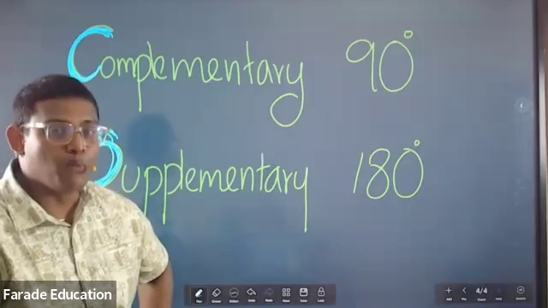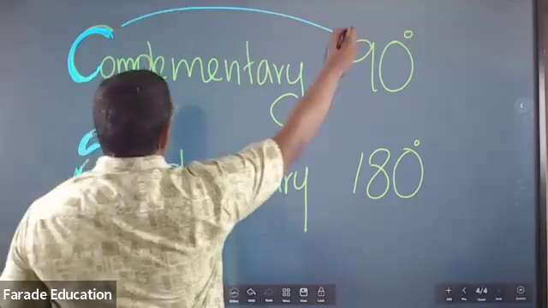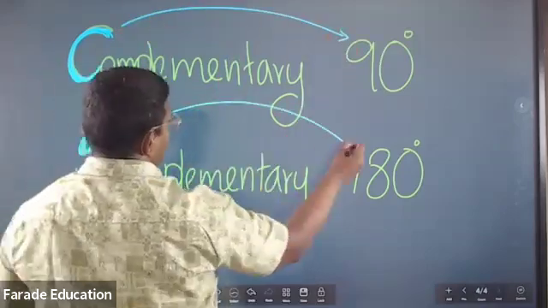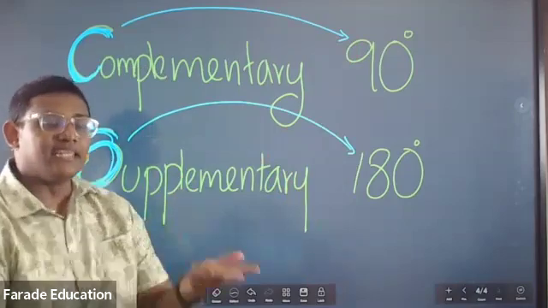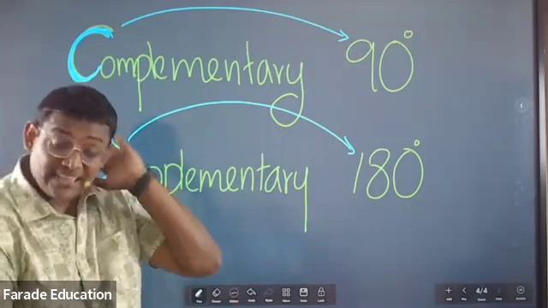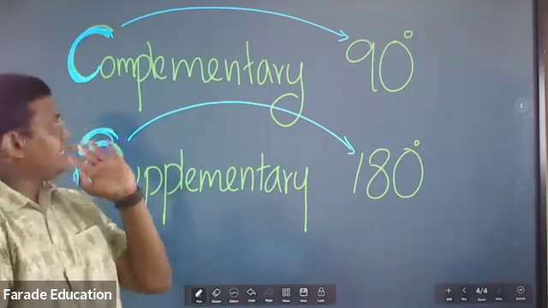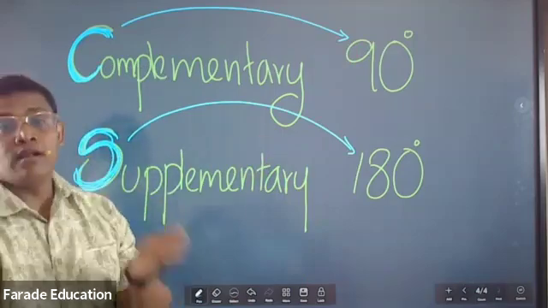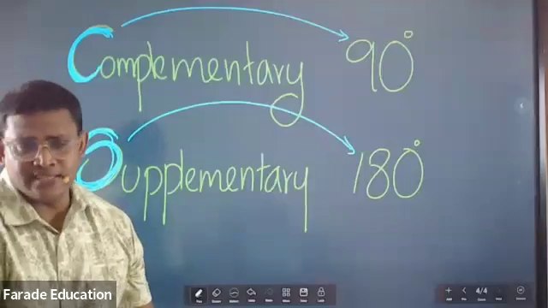Therefore, C is small, S is big. That means C is 90 degrees, S is 180 degrees. A, B, C, C is the third. S is almost in the 20s. So C is small, that's why it's 90 degrees. S is big, so that's why it's 180 degrees.